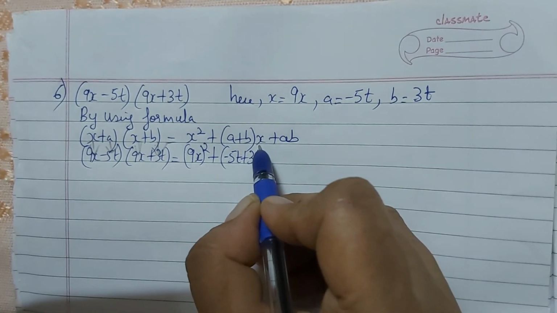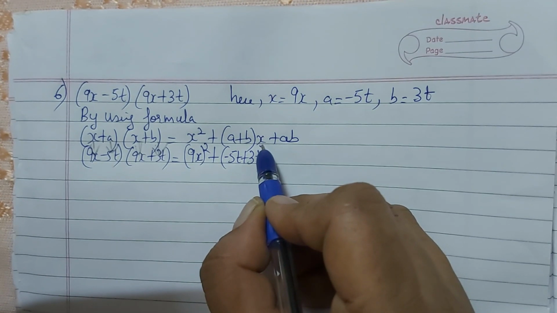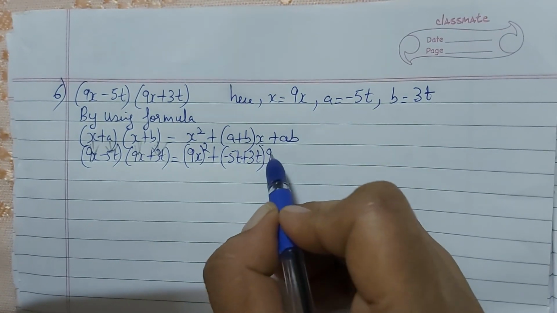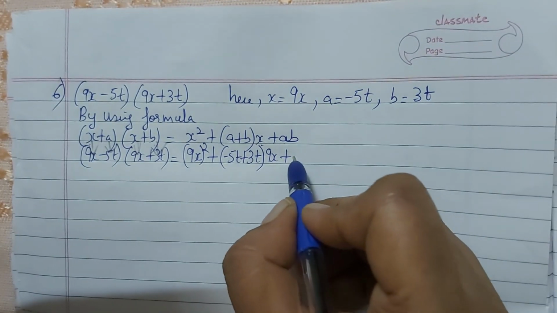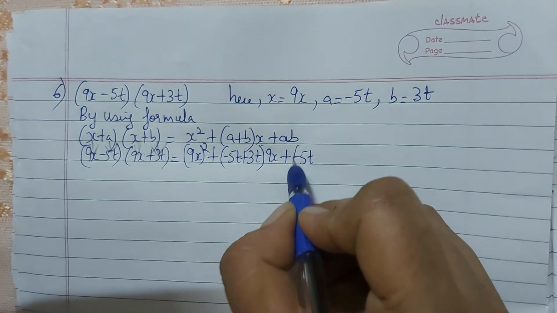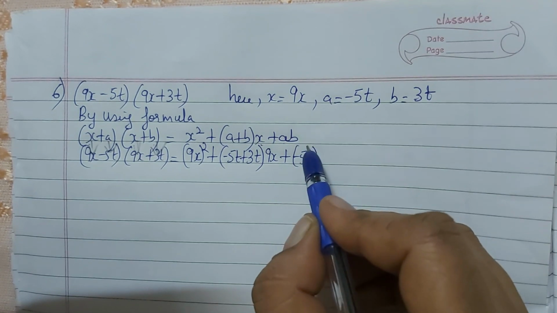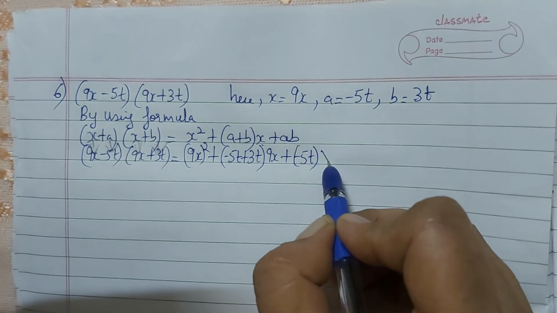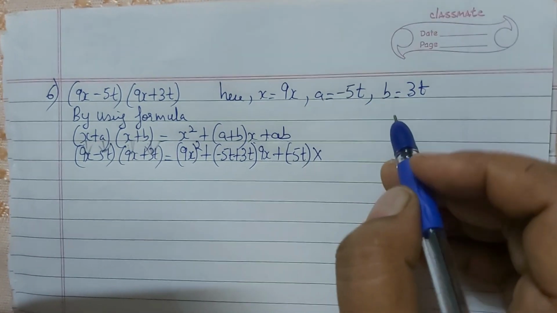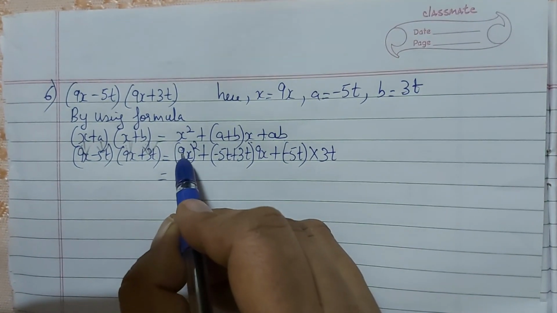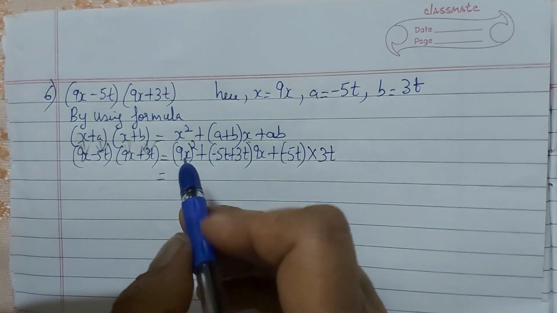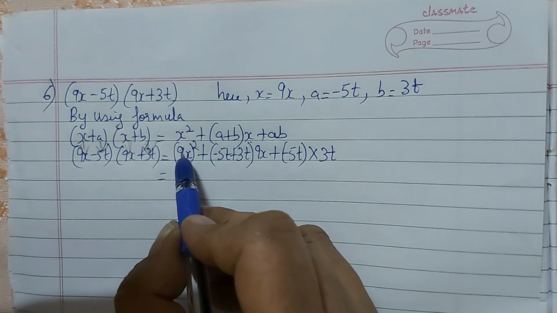We will put them in the bracket. x value is what? 9x, so 9x, plus a's value is what? Minus 5t, so minus sign, put them in the bracket. a multiplied by b, so minus 5t multiplied by b's value is what? 3t, so we will put 3t. Is equal to 9 multiplied by 9 is 81.